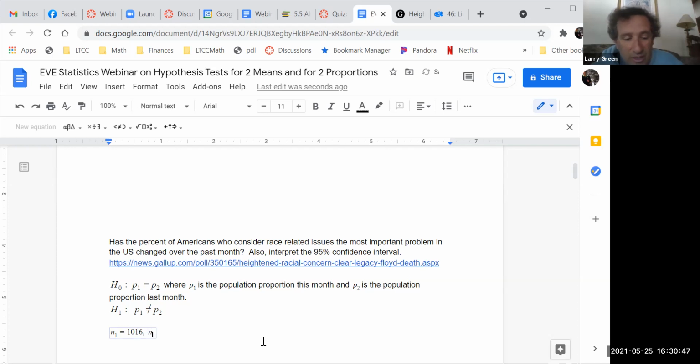And N2, that was last month, according to our notation, was 961. Okay. Notice that we had 12% last month, 11% this month. Any questions on that? So pretty important to note, that's that 12%.